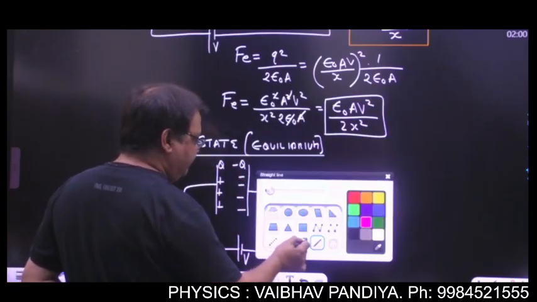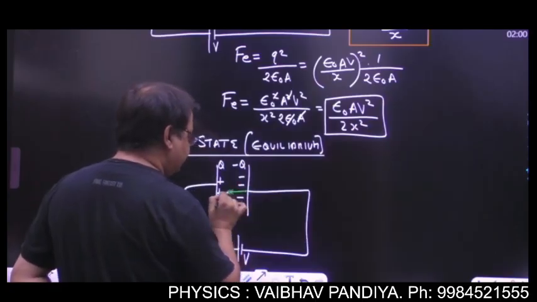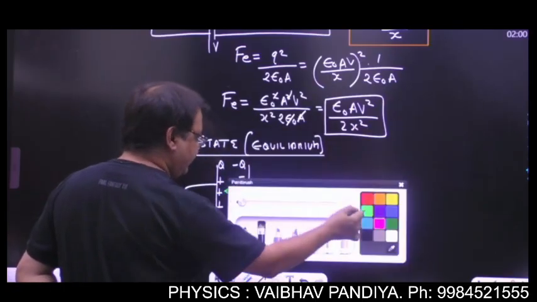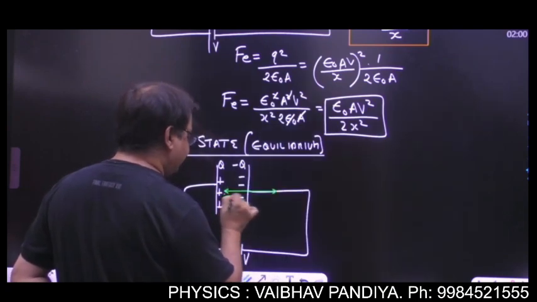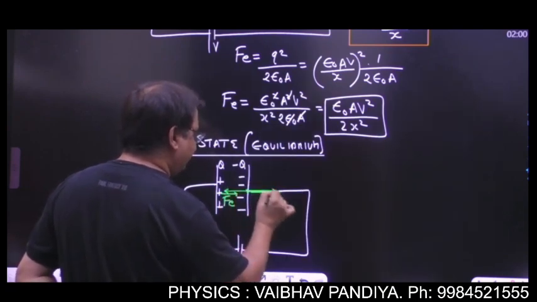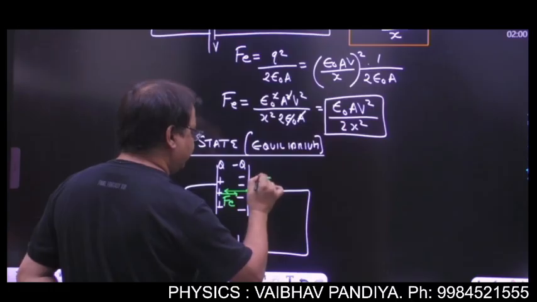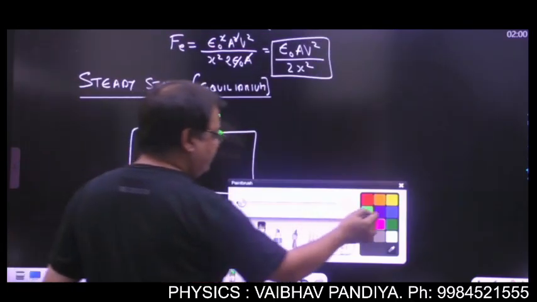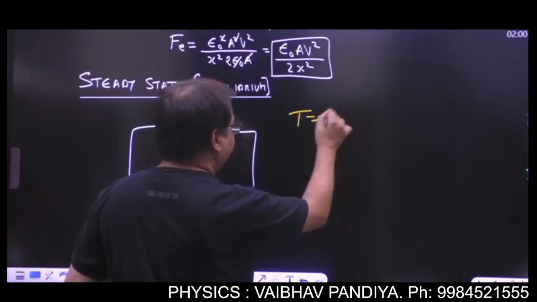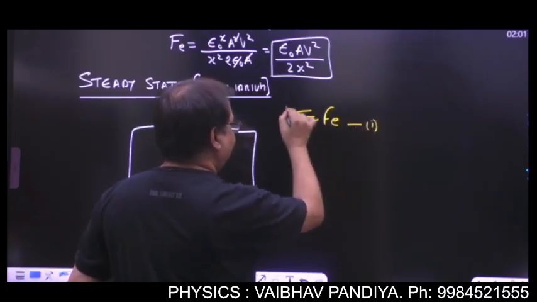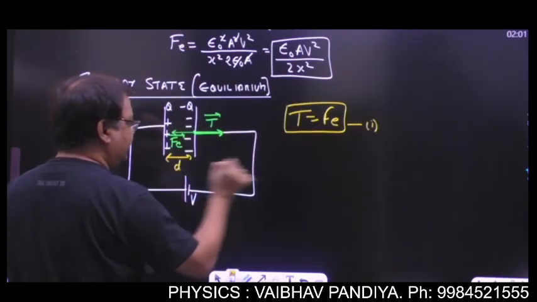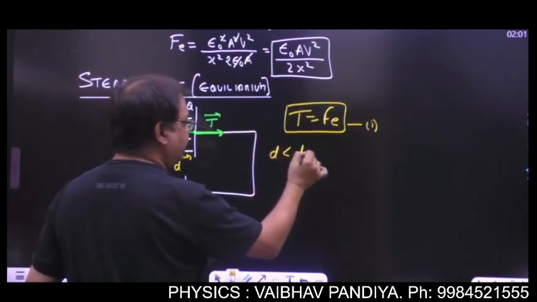If you are making the FBD of the right plate, one force will be acting on it towards left, that is the electrostatic force, and one force is acting on it towards right, that is the tension by the adjoining wire. And the plate is in equilibrium, so T will be equal to Fe. Got it? Now what is Fe? Say the distance between the plates at equilibrium is d, and of course d will be less than d naught, correct?